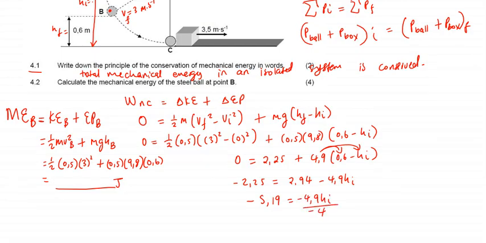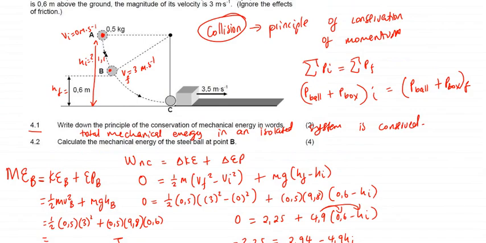You divide by negative 4.9 on both sides, therefore the initial height is what? 5.19 divided by 4.9, you get 1.06 meters, which makes sense. So your initial height there, guys, we get as 1.06 meters.